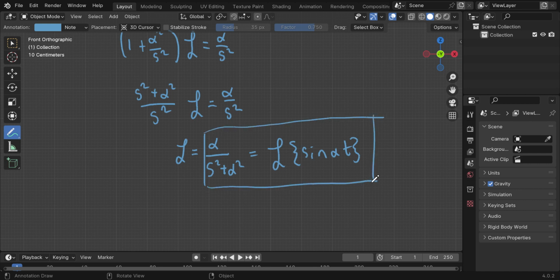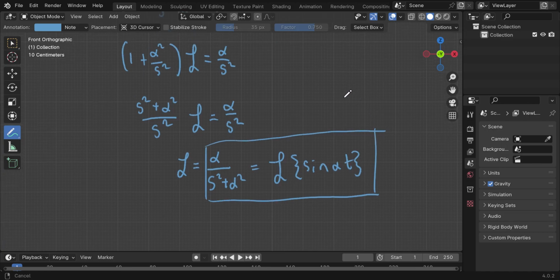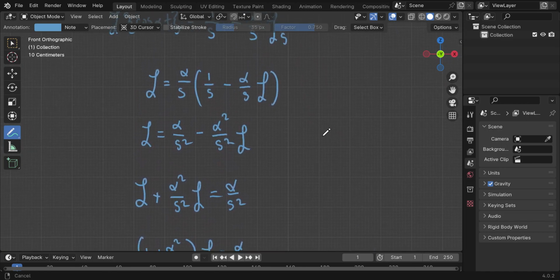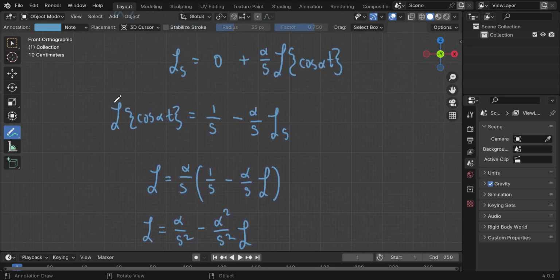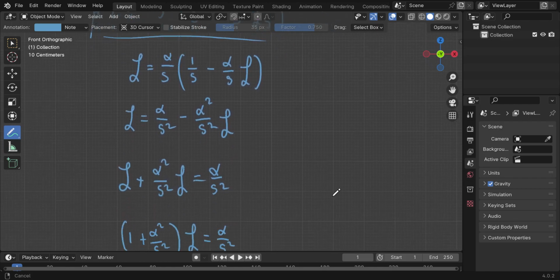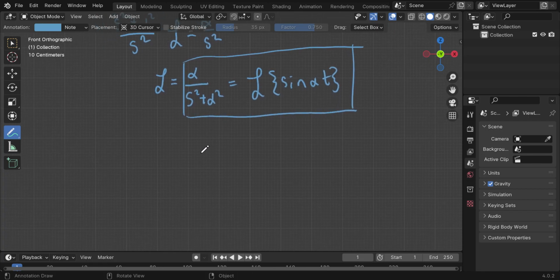So we can actually use this now to go back and solve for the Laplace of the cosine alpha t. And which one is that? That's this one here we're going to use. So that's 1 over s minus alpha over s of the sine.